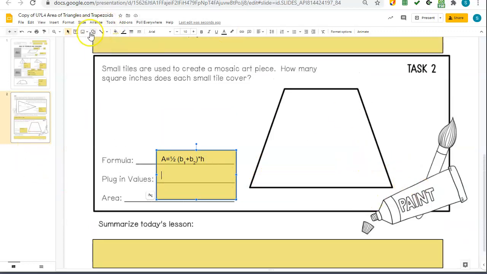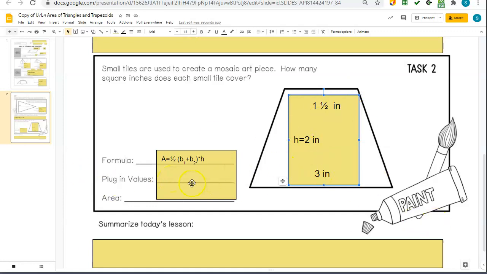In this case, when I did the measurement, this base up here was 1 1/2 inches, this one down here was 3 inches, and the height was 2 inches. Now use those and put them in the formula.